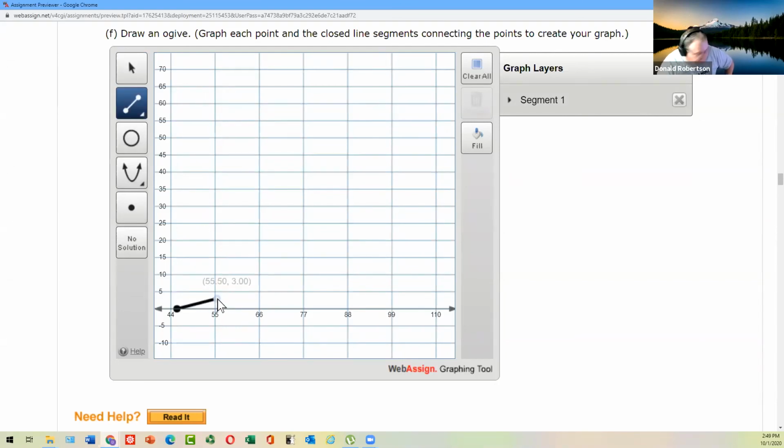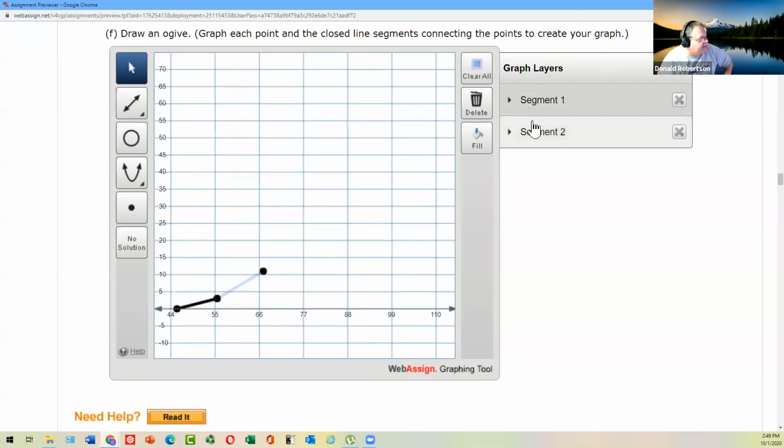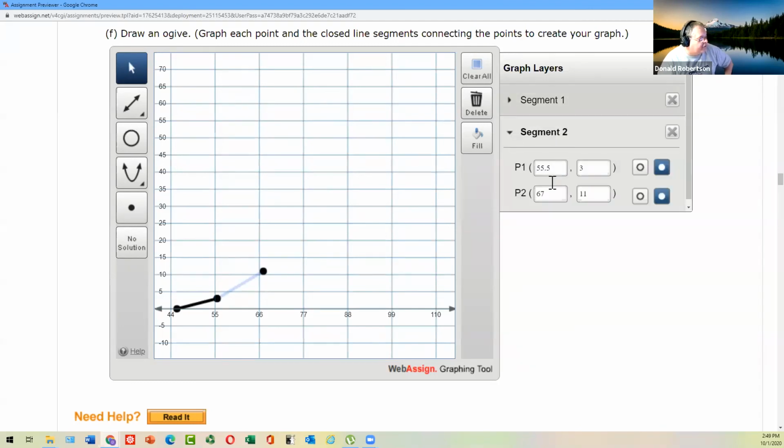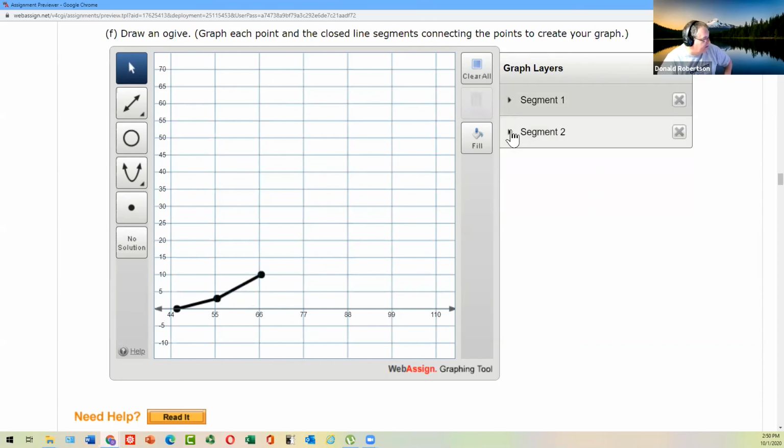And then I want to go to 66.5, 10. So 66.5, 10 is probably here. Let's see how close I got. That was miles off. 66.5, and that should have been 10. I'm slowly building it. Can you see I'm slowly getting there? It's just taking a fair amount of time to do it.